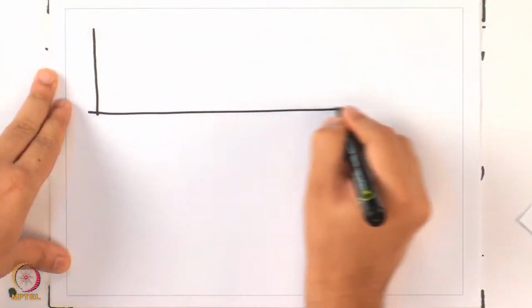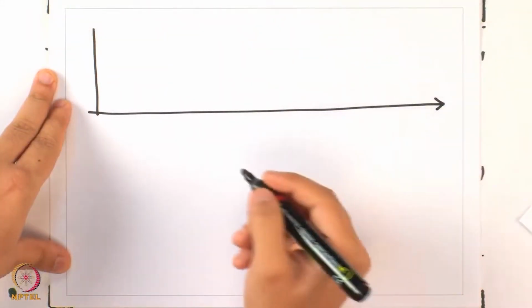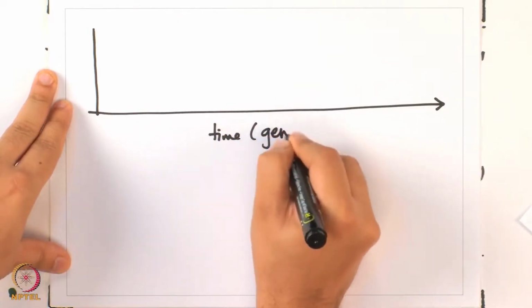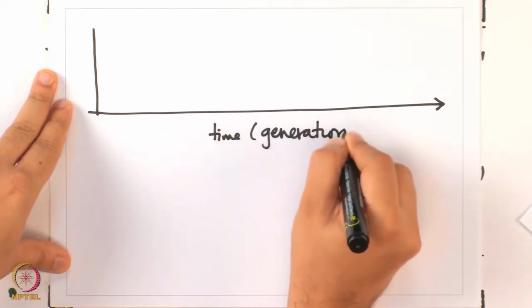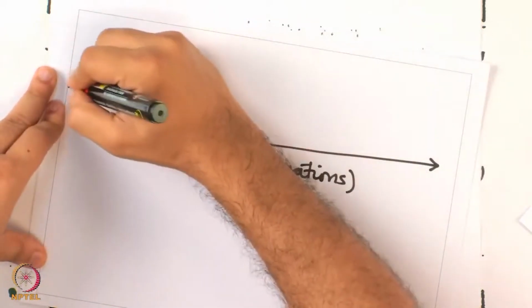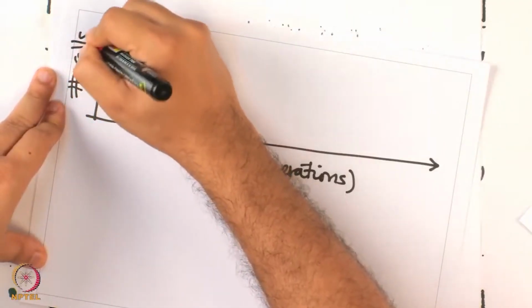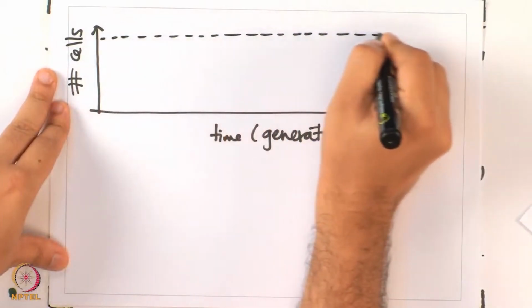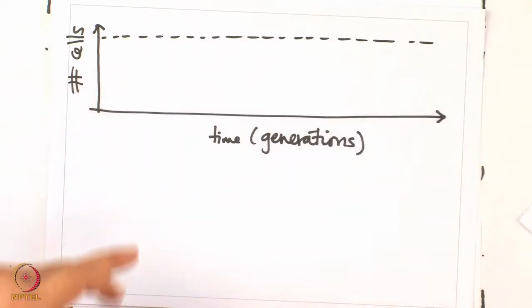Again, let us try to imagine the dynamics of this process. On the x axis here, let us imagine this is time, which is again measured in number of generations, and on the y axis is the number of cells, and let us imagine this is N. So, we are only interested in the region in between.